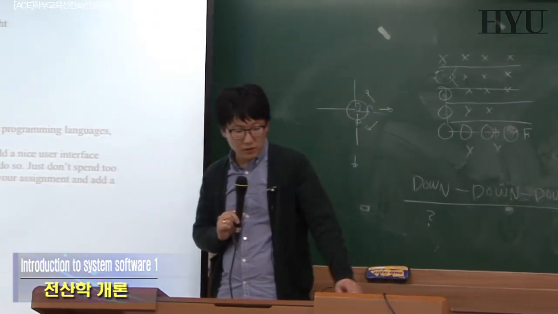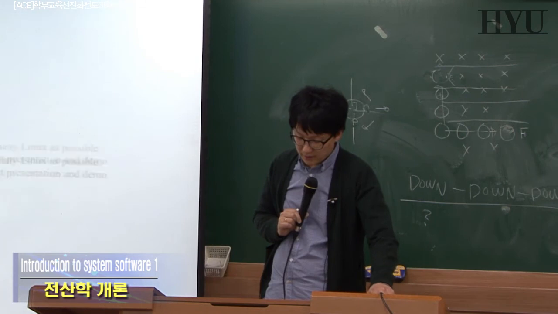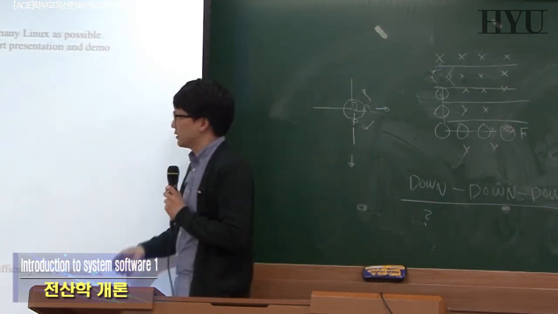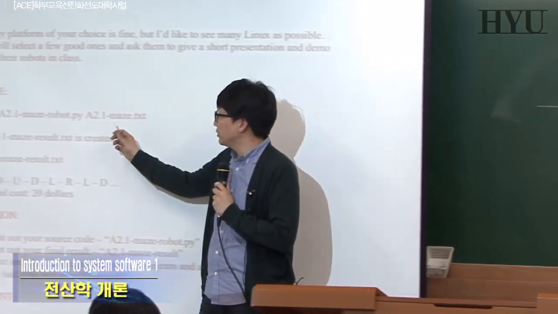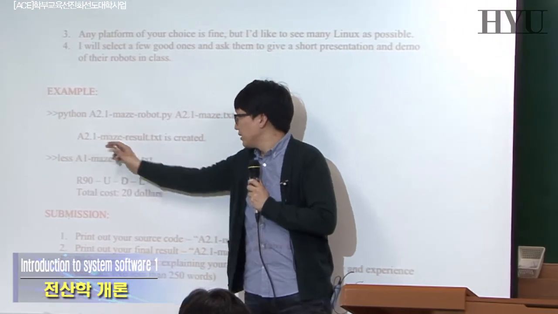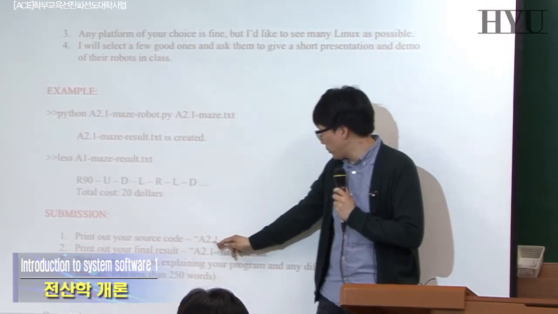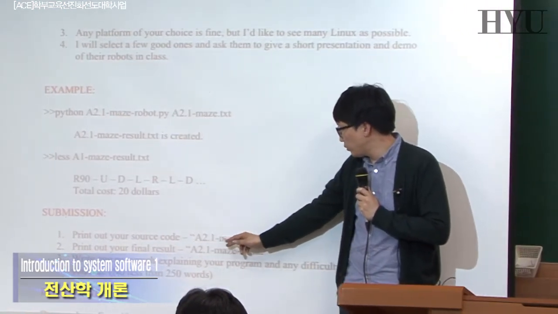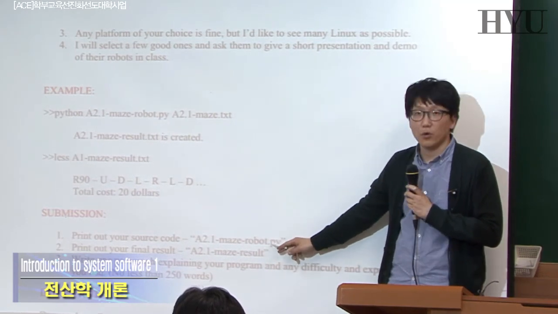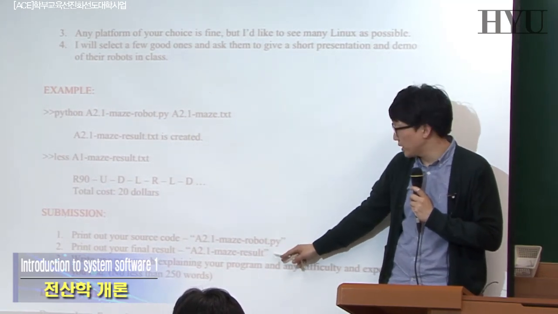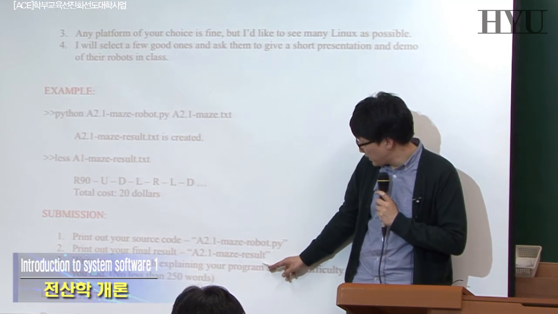Okay, so what you submit is going to be a Python program. This is how to run your Python program: a2.1 maze robot.py, the source code. Print out the source code.